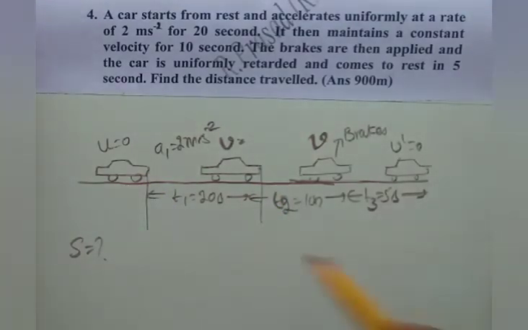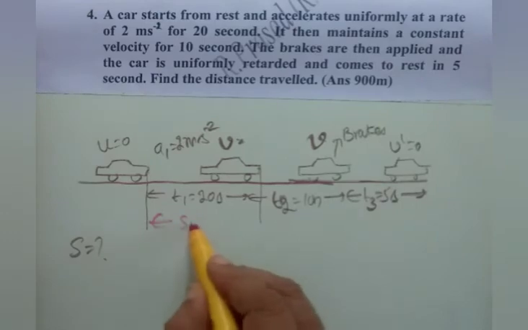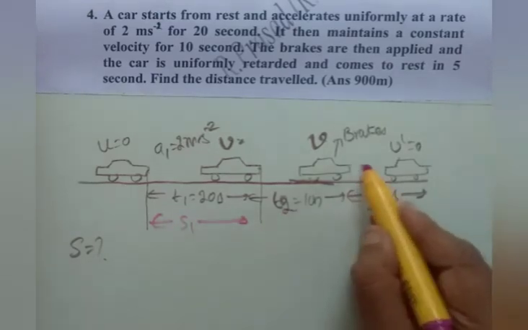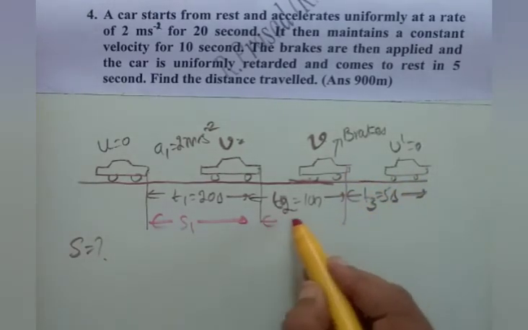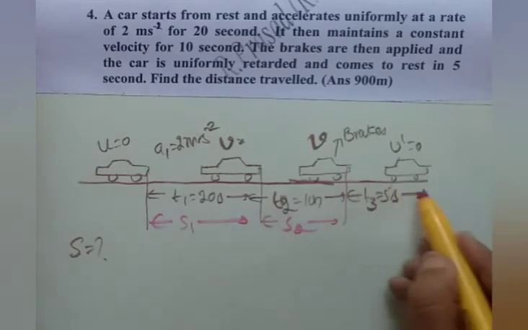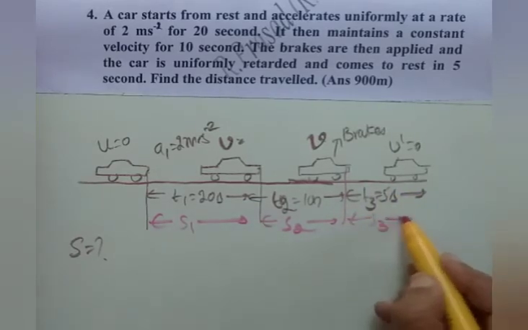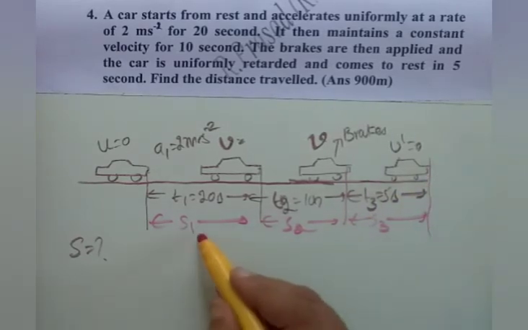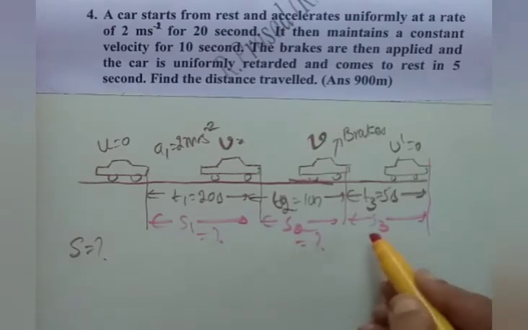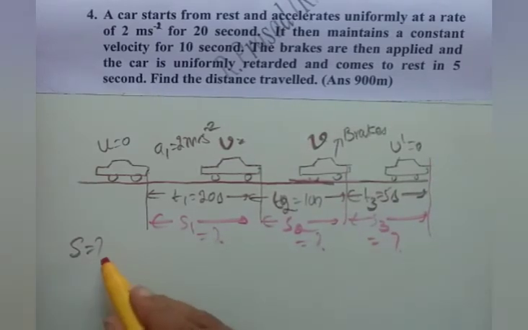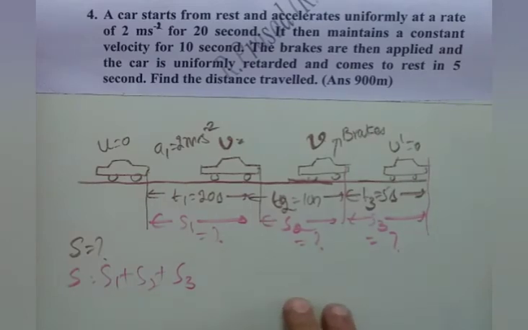From here to here in 20 seconds, it travels S1. From here to here in 10 seconds, it travels S2. From here to here, it travels S3. We need to find S1, S2, S3, because S is equal to S1 plus S2 plus S3.